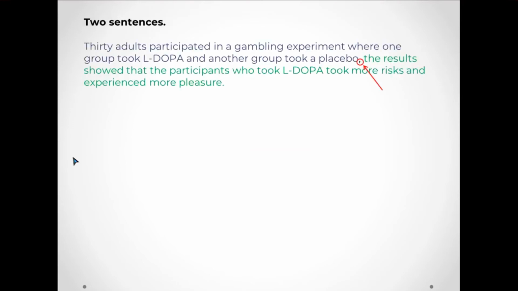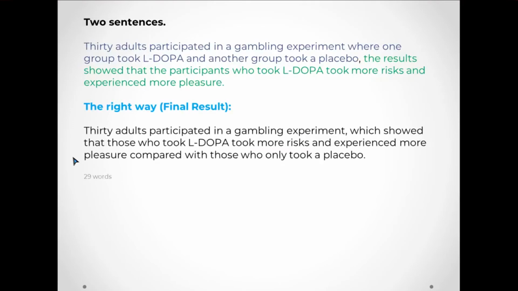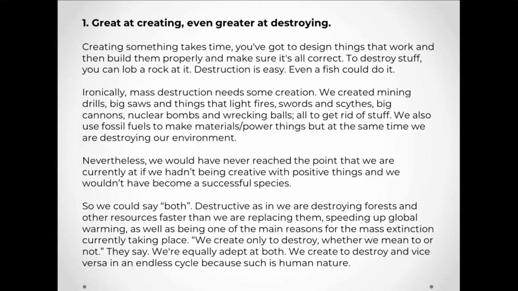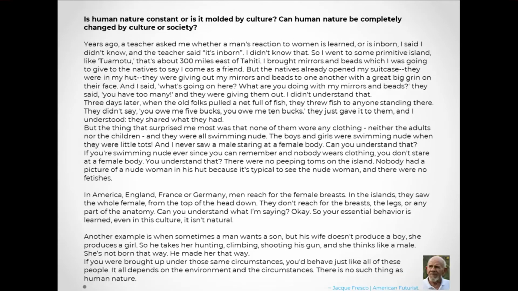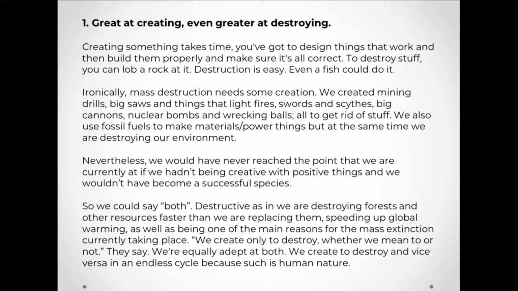Which text are you going to choose? The first one is about being great at creating and even greater at destroying. The second one is about exploring human nature and which science does it better. Yeah, okay, I'll take the first one. All right. The first one.